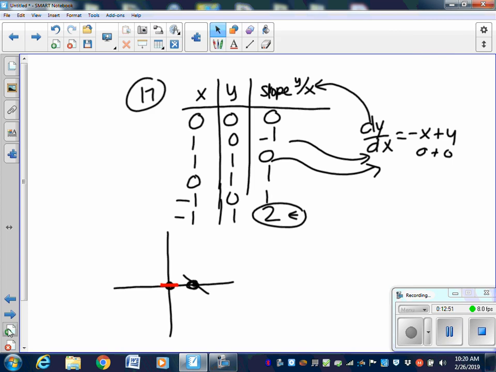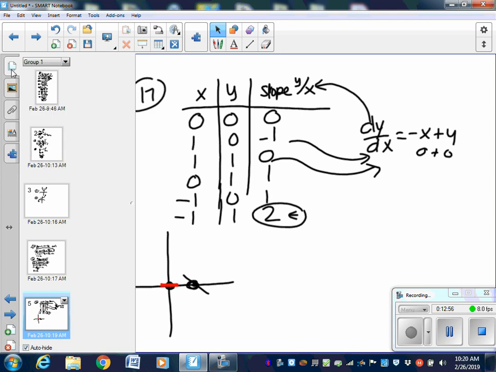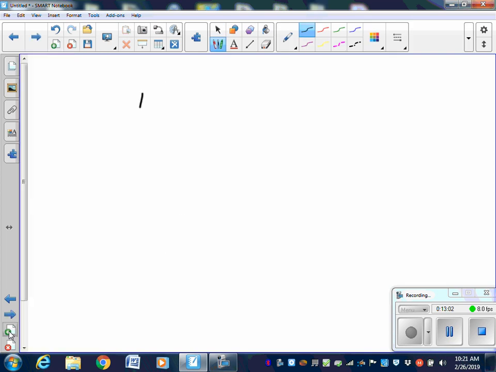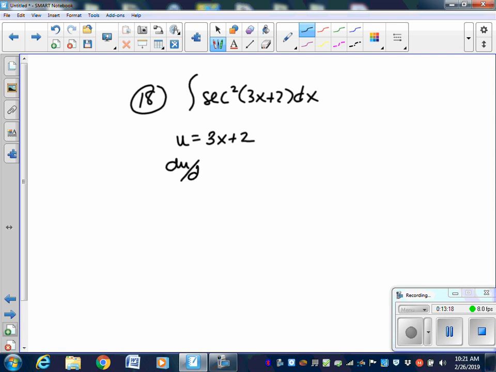Okay, 18, 19, 20, and 21 is use substitution. So here's 18. There is no limit, so you can just start doing the integral of secant squared of 3x plus 2 dx. You let u equal the innermost part, 3x plus 2, du/dx equals 3, so du divided by 3 equals dx.